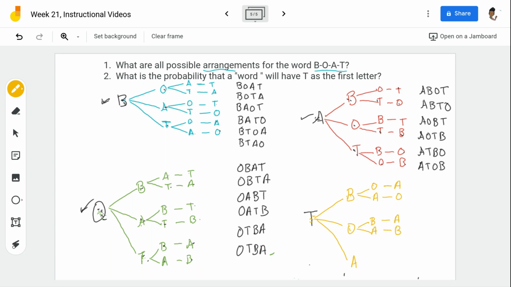And if I use the letter T and A, well, then remaining I have the letters B and O. And if I use TAB, then an O remains. And if I use TAO, then a B remains.